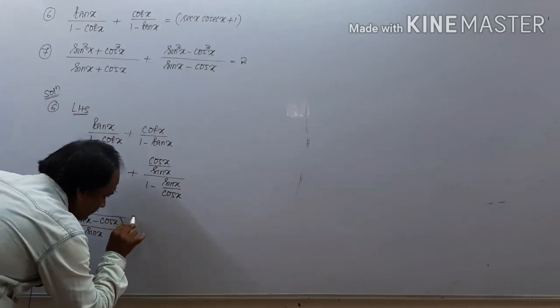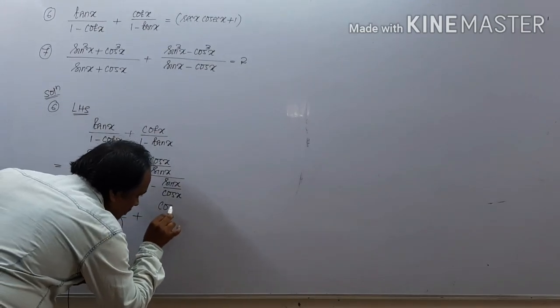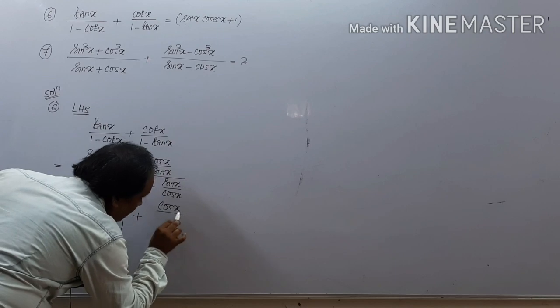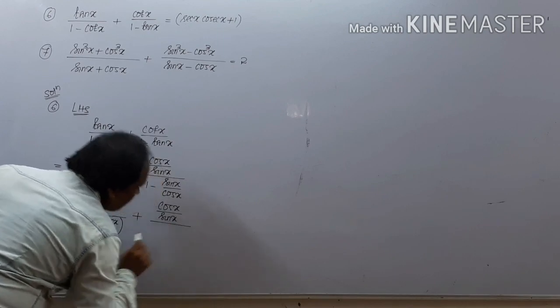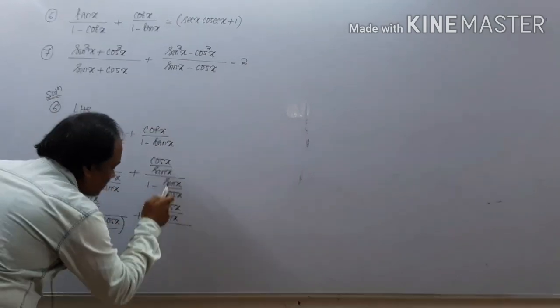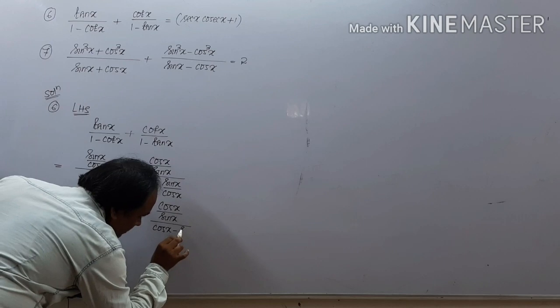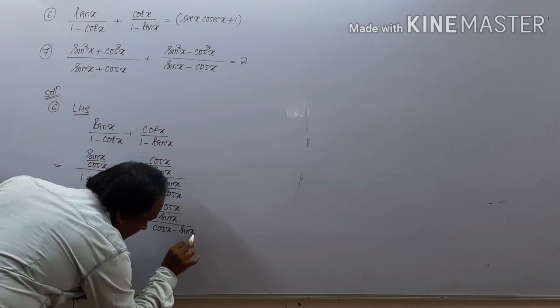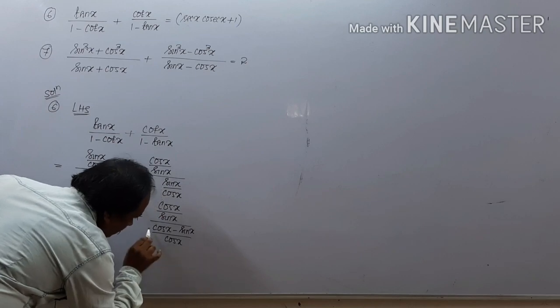Similarly here, what is the requirement? This is cos x by sin x. Here what is our LCM? Cos x, so clearly it will be cos x minus sin x by cos x.